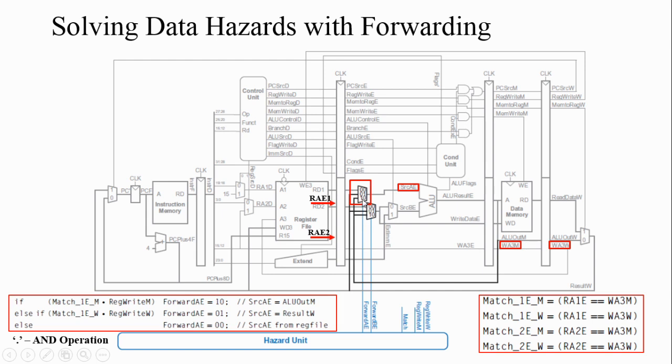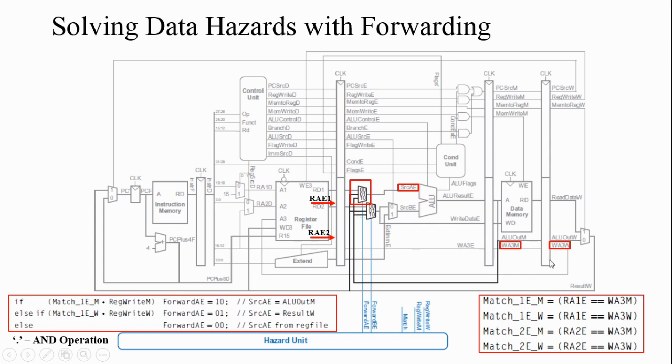These two multiplexers will decide which input should be given to the ALU, and that will be decided by the hazard unit. And how will you select the input of the multiplexer? That is based on the two outputs from the hazard unit. If the hazard unit output, forward B, is 10, what does it mean?